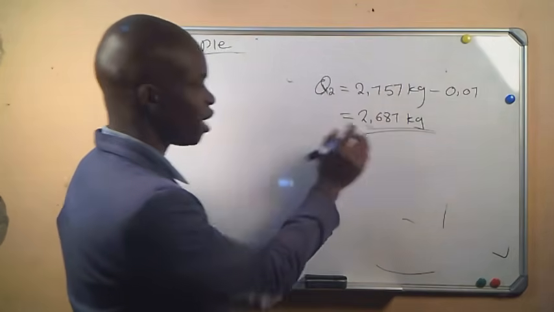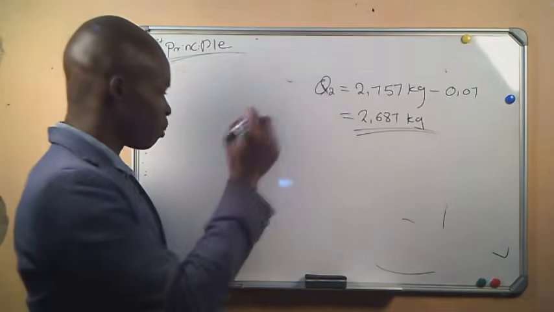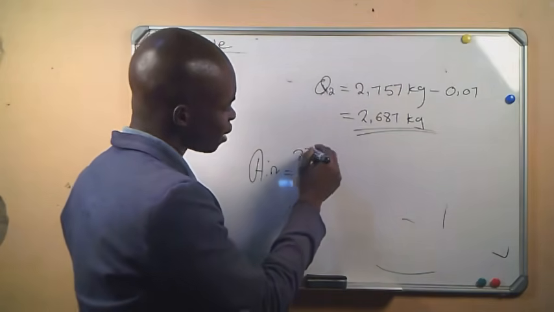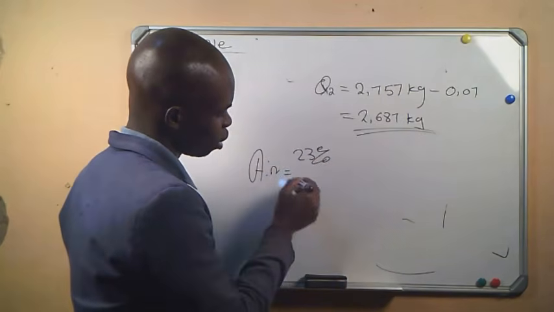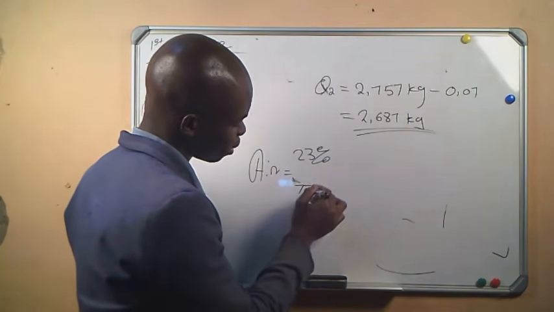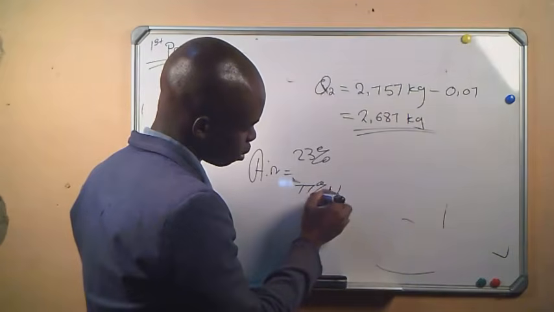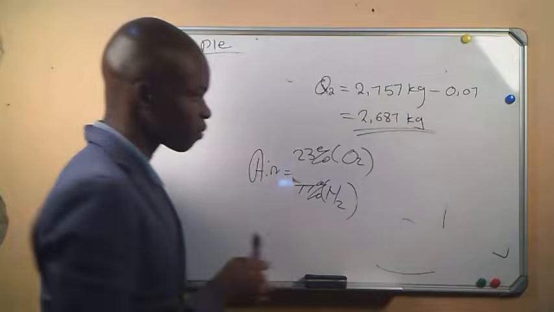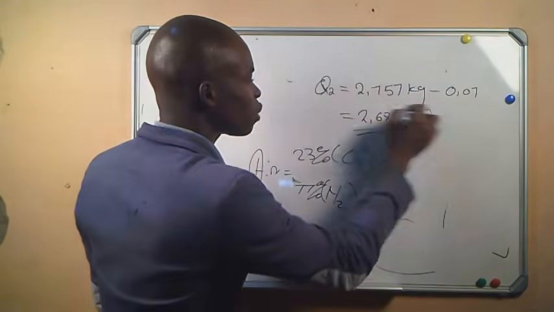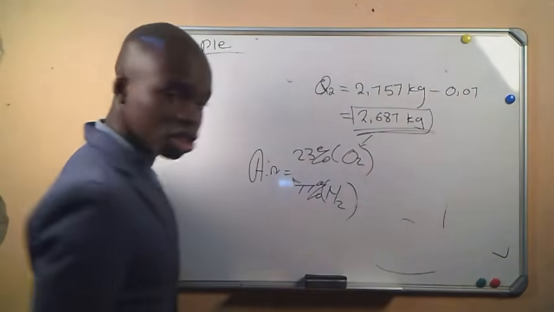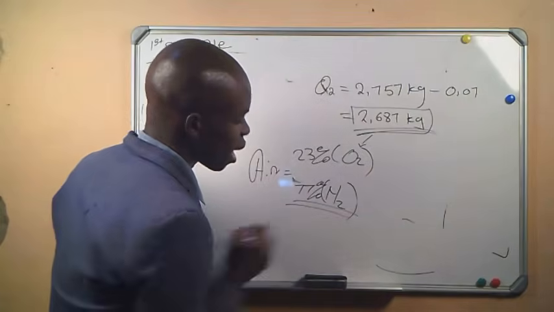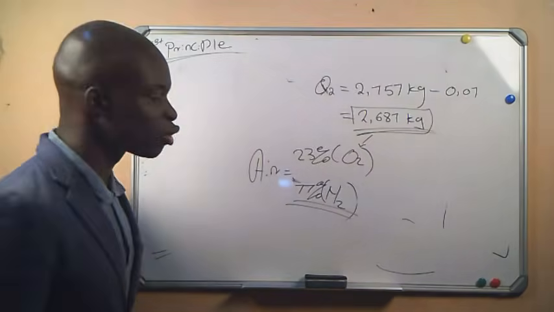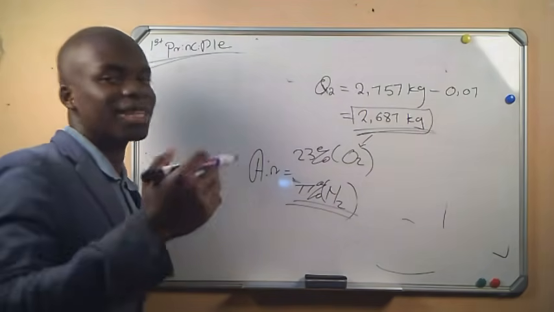So now we have the amount of oxygen that is needed. Remember, we said from air, only 23% is oxygen, and the other 77% of it is nitrogen. This is oxygen, this is nitrogen. So this amount that we have is the oxygen. We need the amount of the 77%, which we do not have at the moment, which is nitrogen.